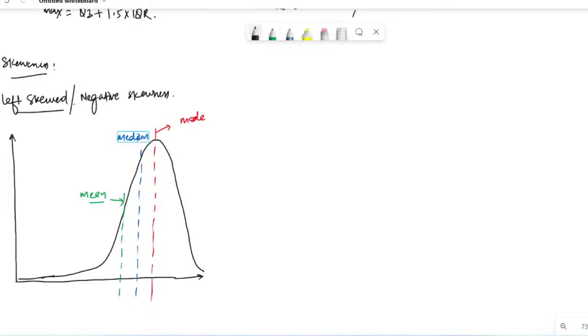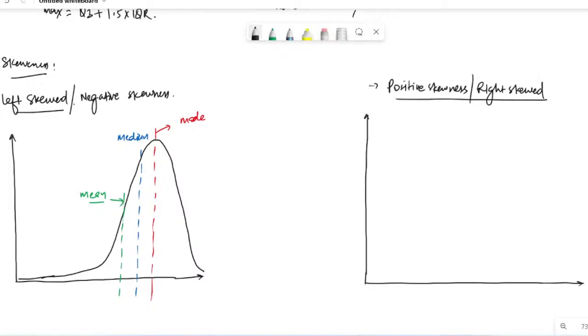Next is right skewed. So there are two main parts: one is negative skewness, and now let's talk about positive skewness, with the tail towards this side.